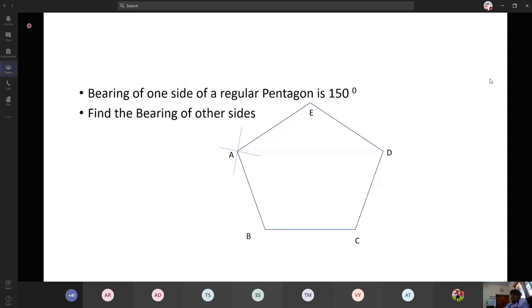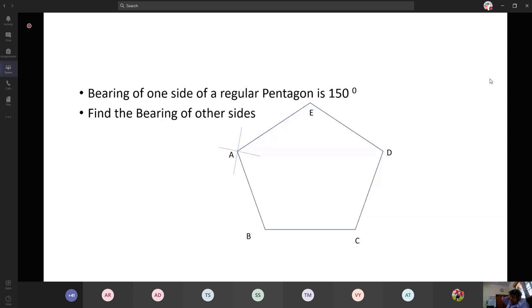So what is the bearing of DE? 186 plus 108 is 294. The bearing of DE is 294.